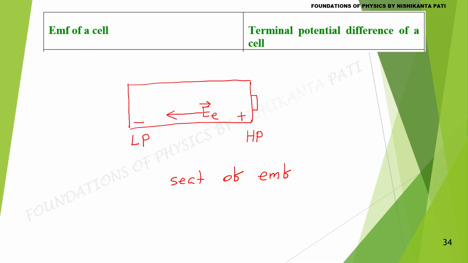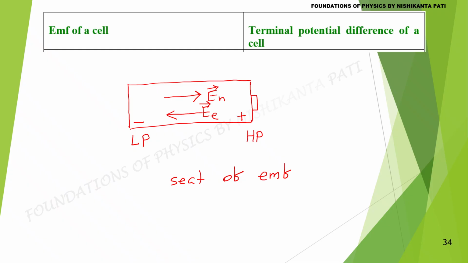So we can think that inside the battery or cell, there is another field from negative to positive. This cannot be the electrostatic field. This is the non-electrostatic field. The battery shown is in the open circuit.